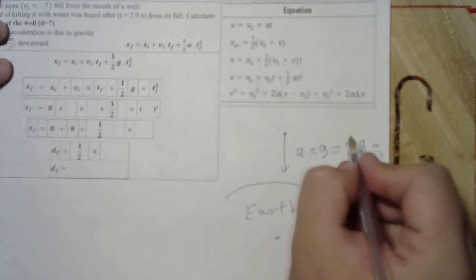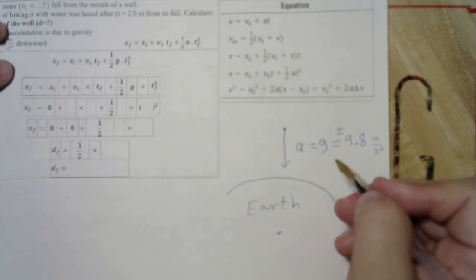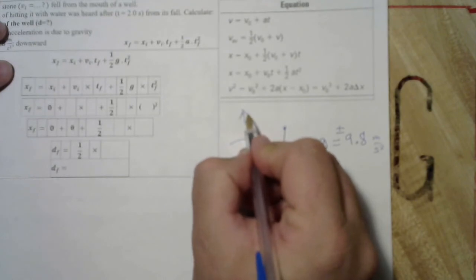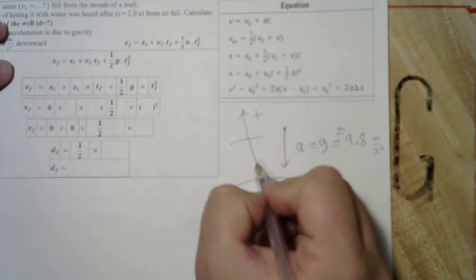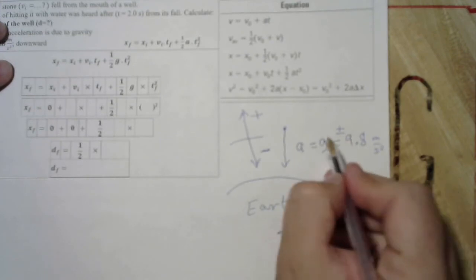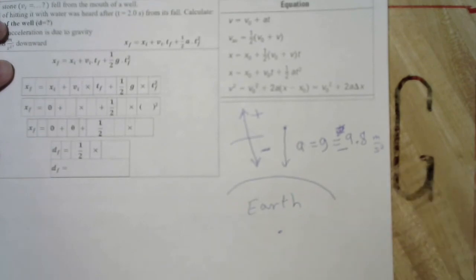I can take it positive or negative, but in general we take the upward in positive direction and the downward in negative direction. So I will take g is equal to minus 9.8.